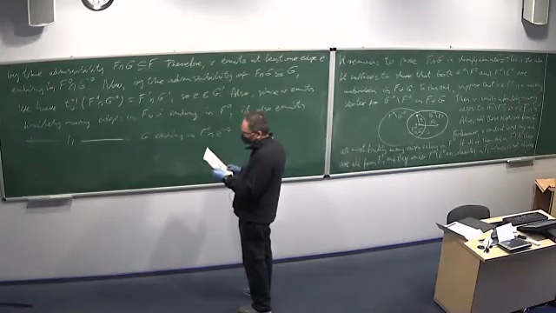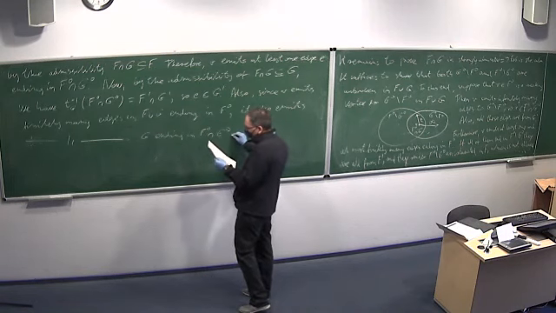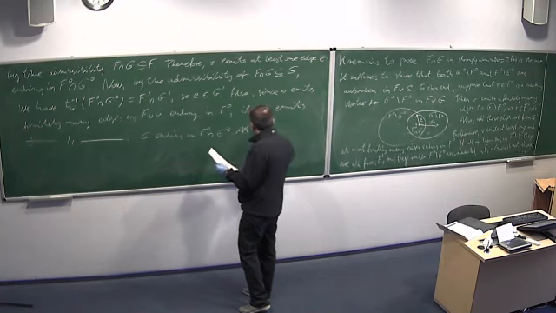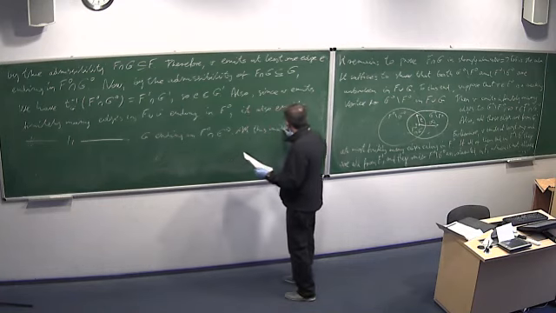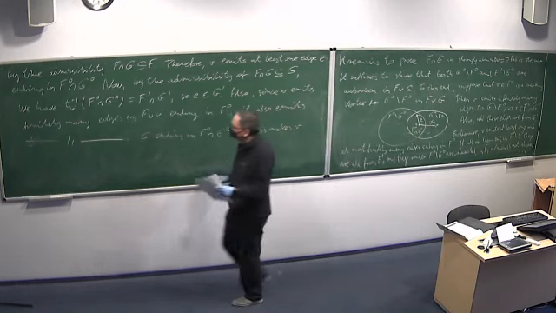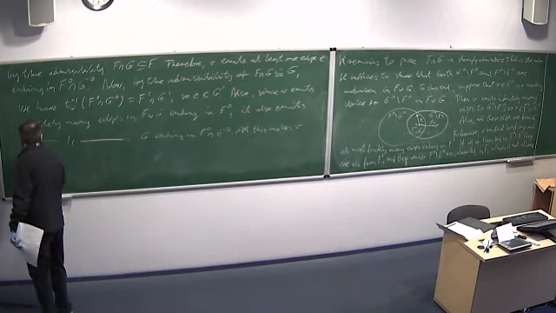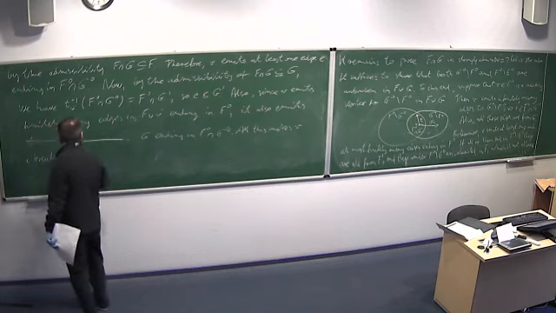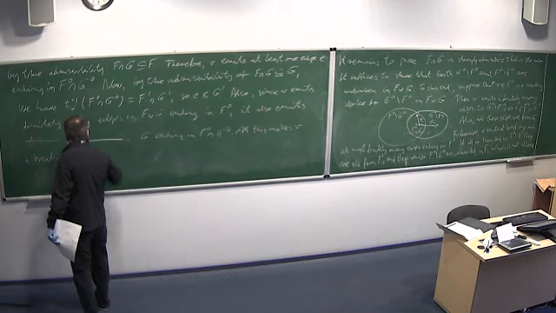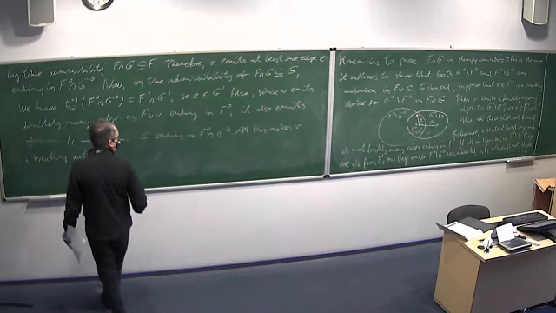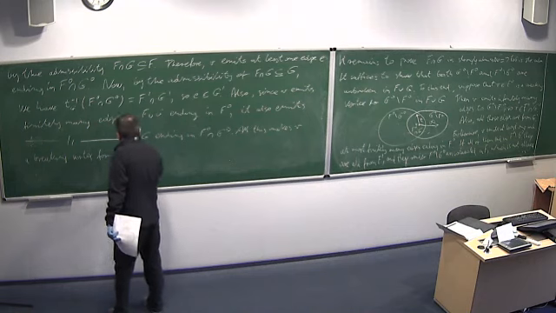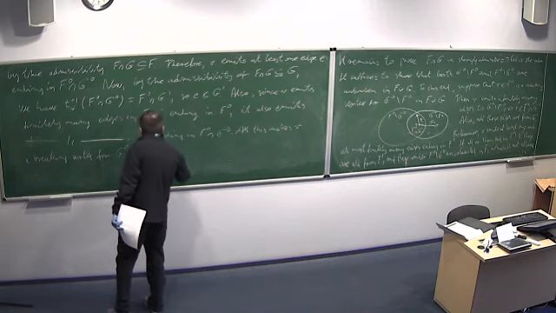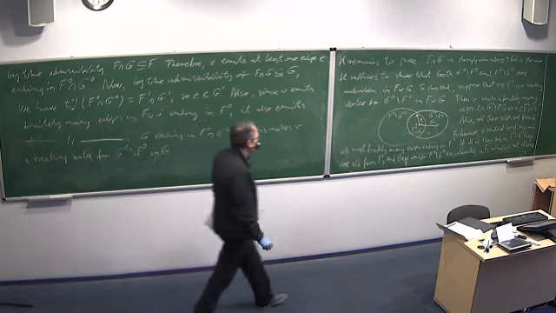So all this together makes V a breaking vertex for G naught less F naught in G. Okay?